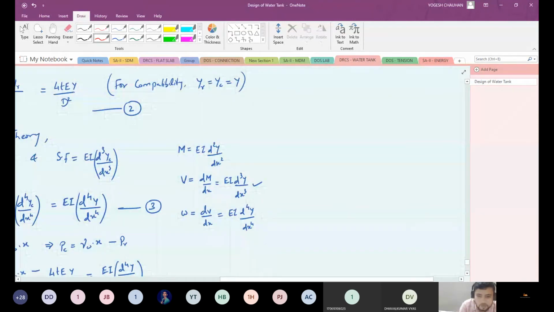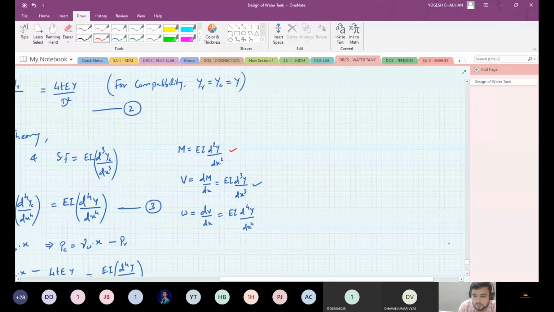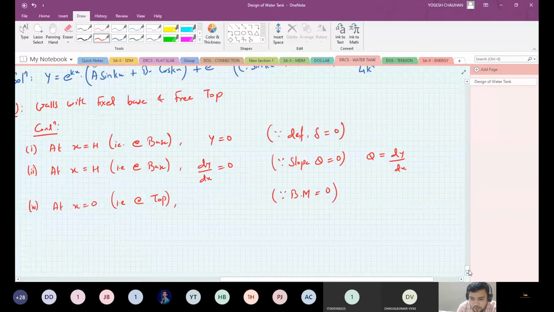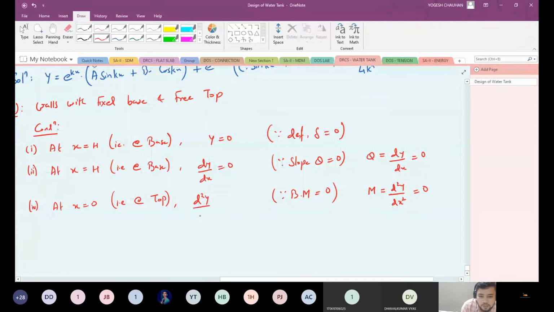Here M is equal to 0, which is nothing but d square y by dx square is equal to 0. So we can write the second derivative of y with respect to x is equal to 0.